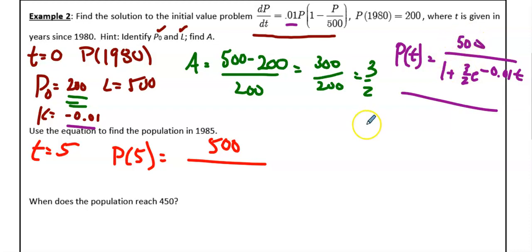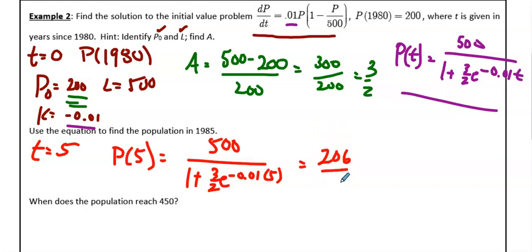Again, here's our carrying capacity. This is always going to be 1. We found our A very simply by using the formula that we have right here. We have e that we found from our equation, and then we're going to multiply this by 5, and then we're going to use our graphing calculator to find out that this is going to be 206.